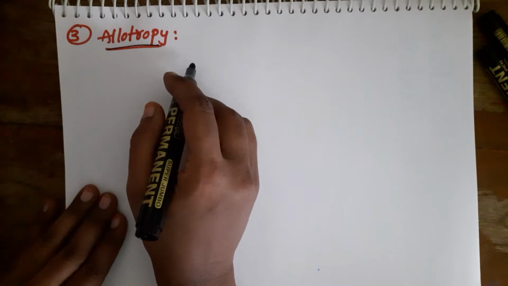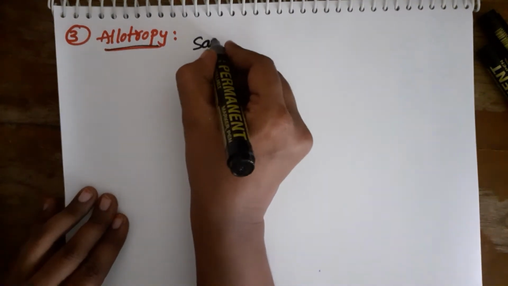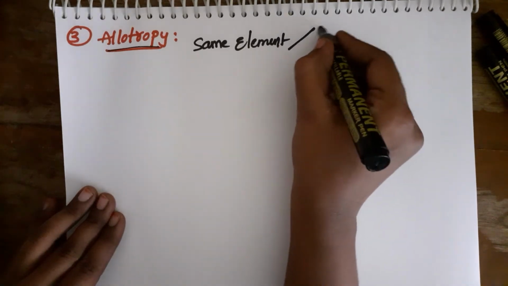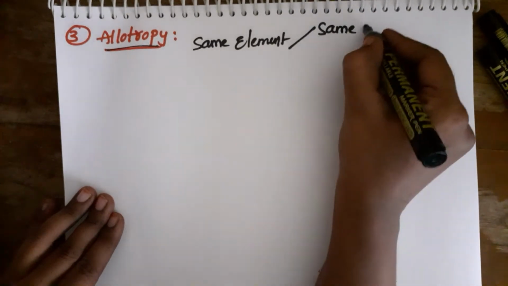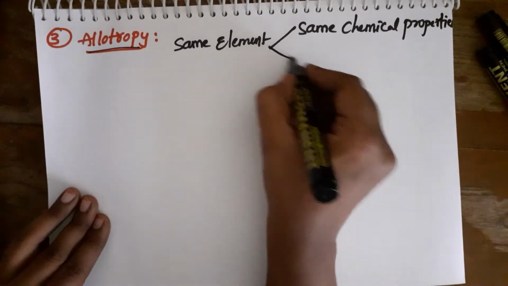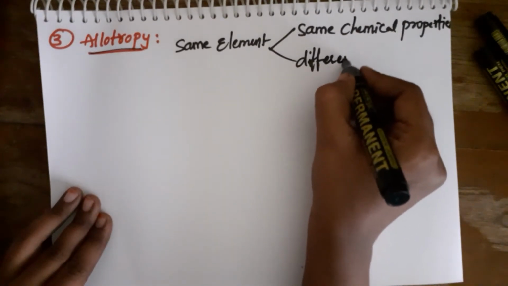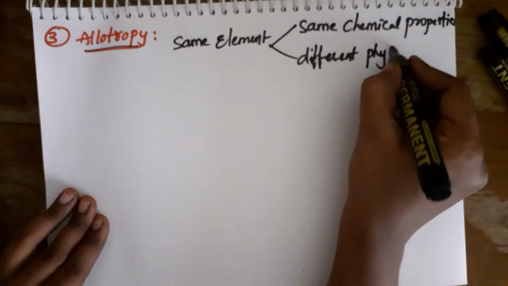Allotropy. What do you mean by allotropy? Here the same element shows the same chemical properties but differs in physical properties.